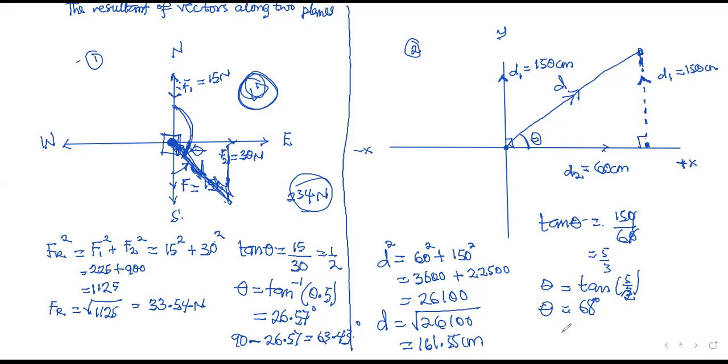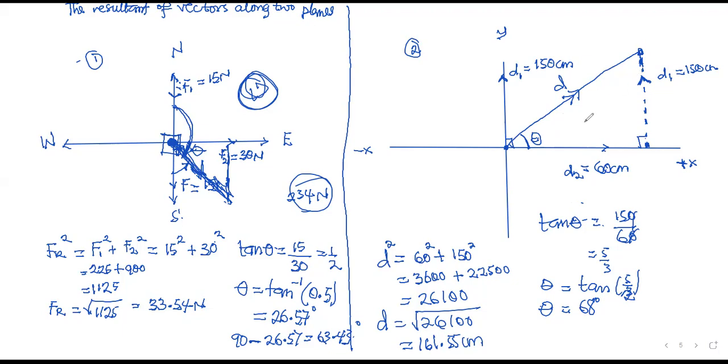So let's approximate it to 68. What it means is that this resultant displacement, Anita. Sir, I don't understand why we put the theta at the left corner.